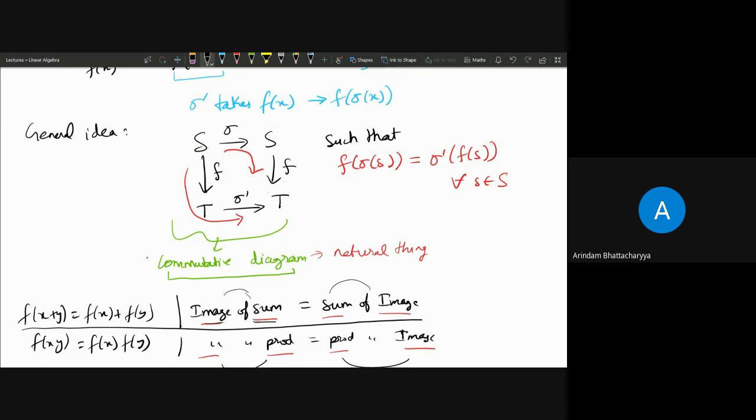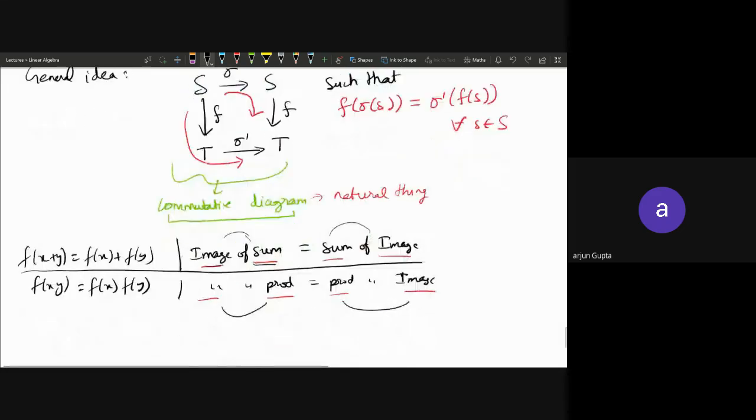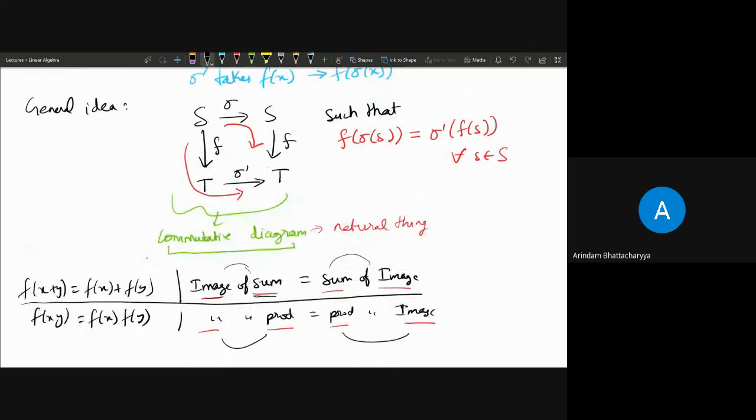So f of sigma is the same as sigma dash of f. But in the commutative diagram, there were four functions, right? We had three functions, but we can take the special case where T is actually equal to S. We are kind of generalizing the idea of commutative, but okay. Right, got it.